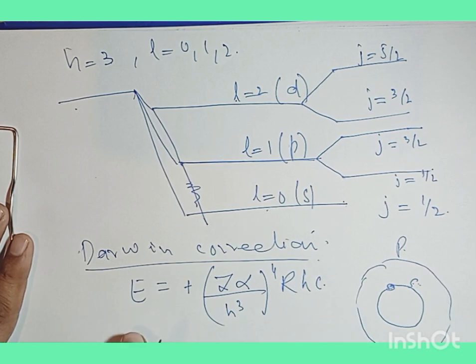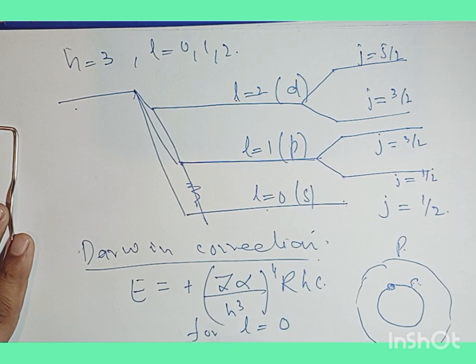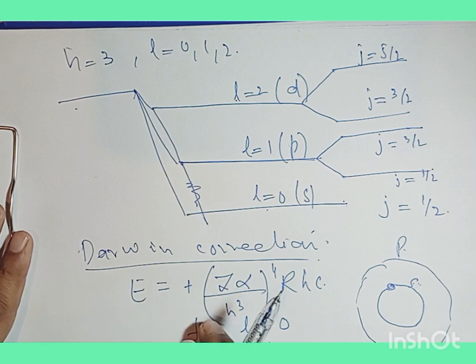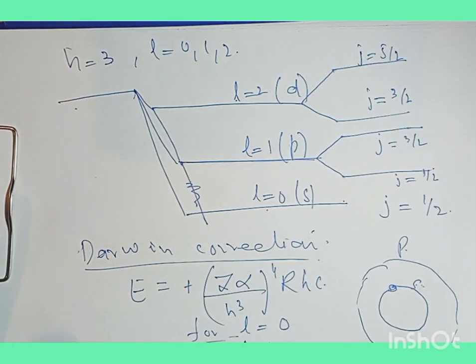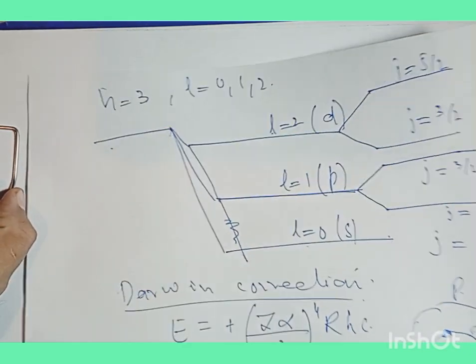Now this correction is valid only for the L equal to 0 state, and it is not to be introduced for L not equal to 0. So this Darwin correction has to be attributed only to the state L equal to 0, and for all other states its value is equal to 0.